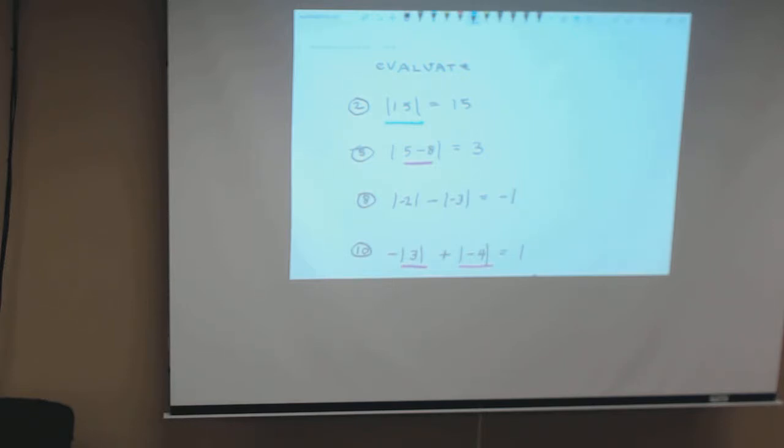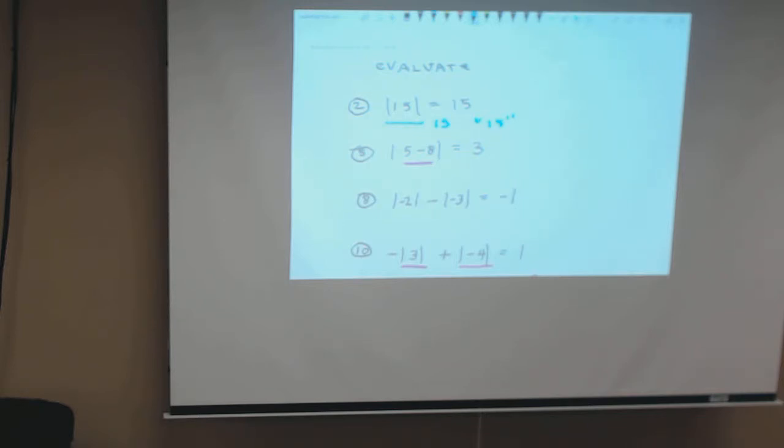I thought some of you said you studied absolute value before. So isn't it just the absolute value of 15? The absolute value of 15 is 15. You go, well, that's dumb.